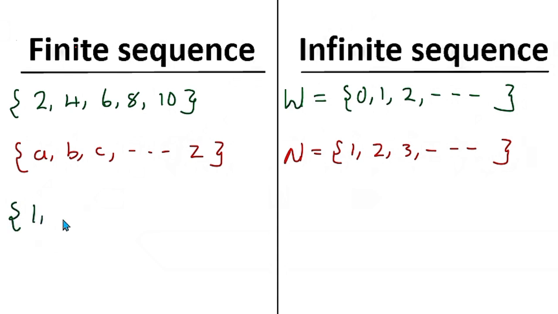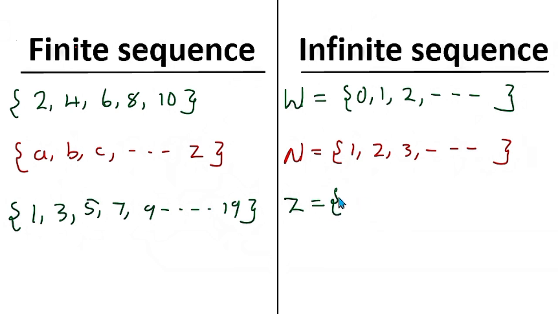Now we can also think of the set of odd numbers. Firstly let's look at the first 10 odd numbers: 1, 3, 5, 7, 9, and it goes on to 19, right? And here we can also think of the set of integers.